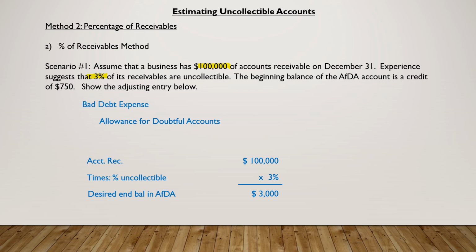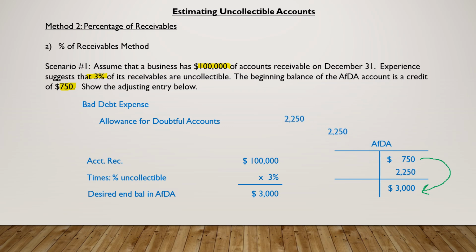As a permanent account, AFDA has a beginning balance, a $750 credit in this case. We need a journal entry that changes that balance to a $3,000 credit. Consequently, our entry needs a credit to AFDA for $2,250.